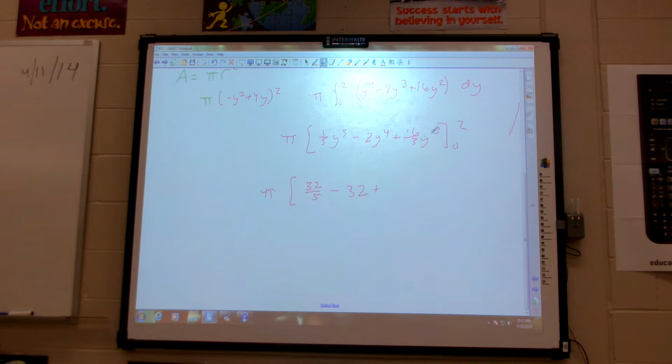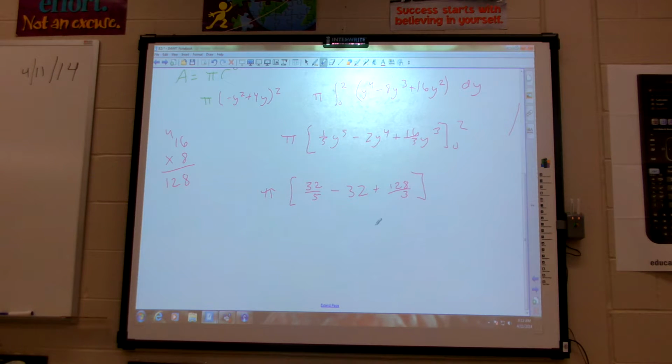And what about here? 48. That's 16, not 6. Yes, that's a 16 from our problem above it. So 48, carry the 4. Get 128 thirds. And the rest are minus 0, right?